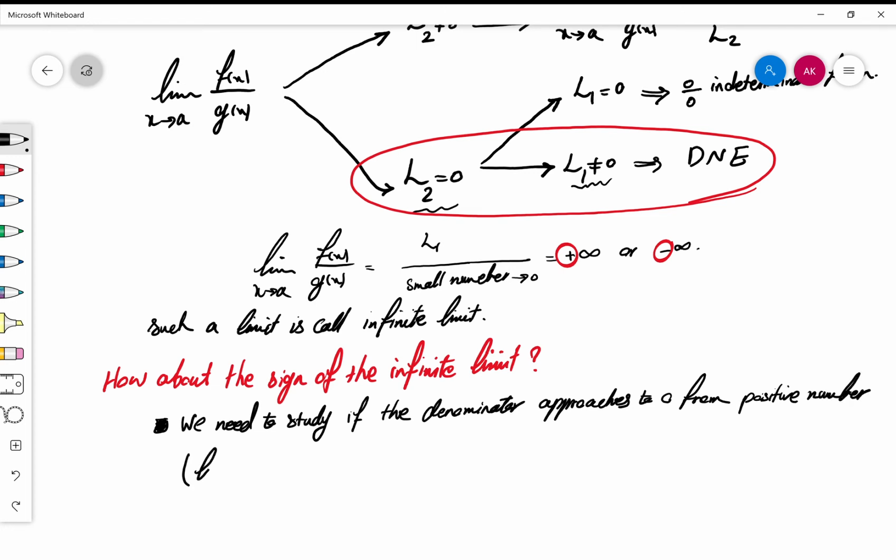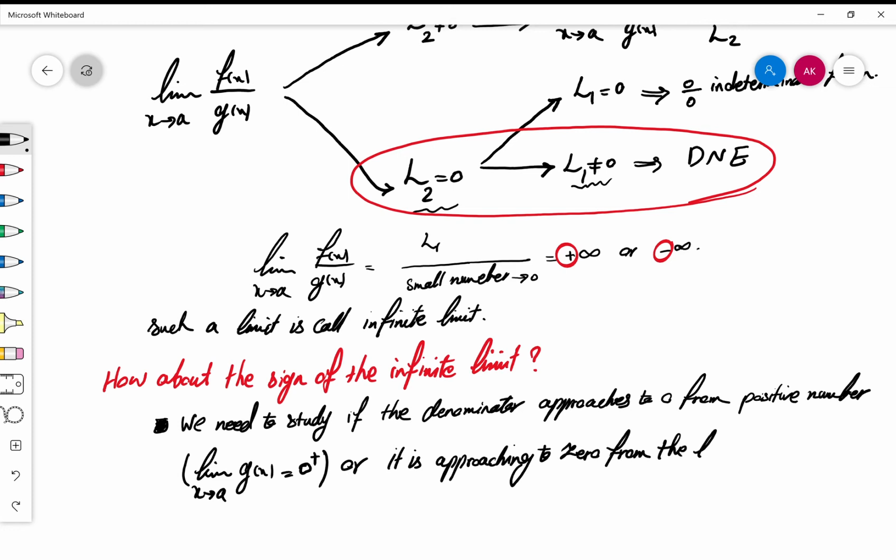In other words, I can write it as limit of the denominator g(x) as x goes to a, is it 0 from positive, or is it approaching 0 from the left? So limit of g(x) as x goes to a is 0 negative or 0 positive.